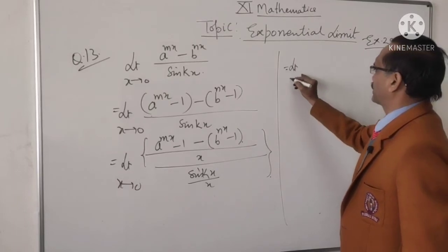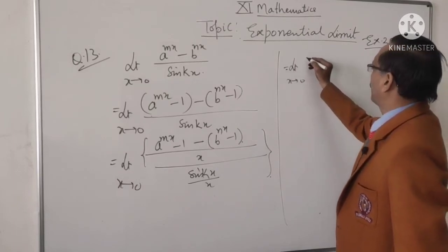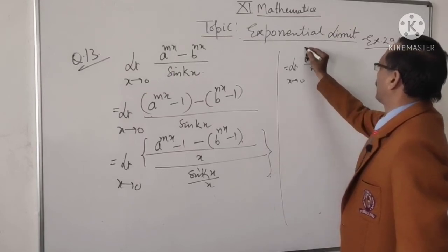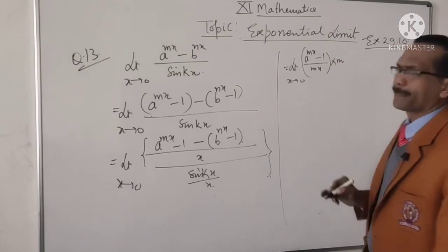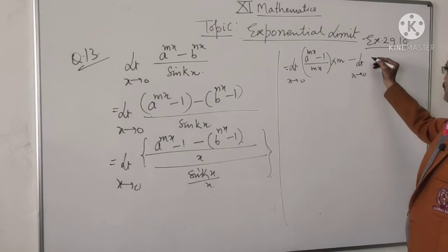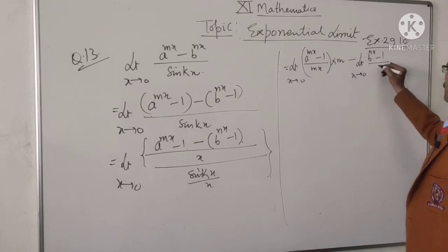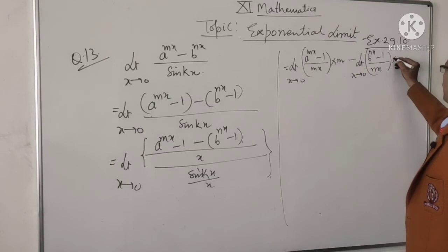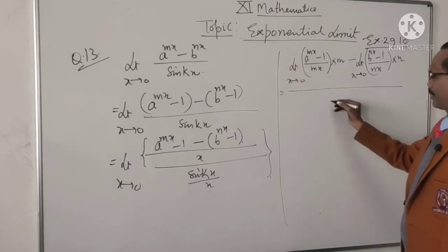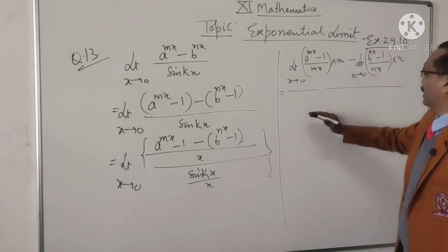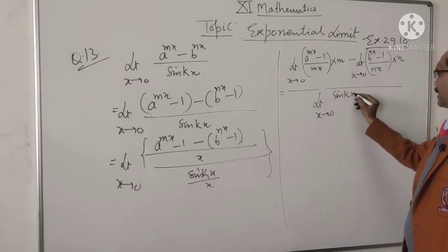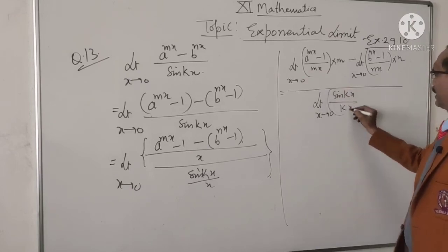So limit x tends to 0, we will write a power mx minus 1 upon mx into m, minus limit x tends to 0, b power nx minus 1 upon nx into n, divided by limit x tends to 0, sin of kx upon kx into k.